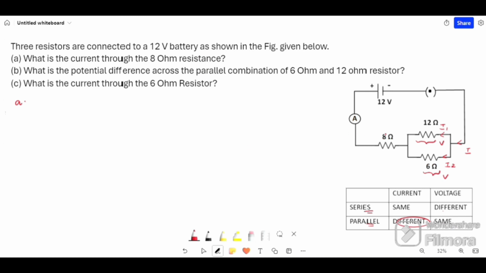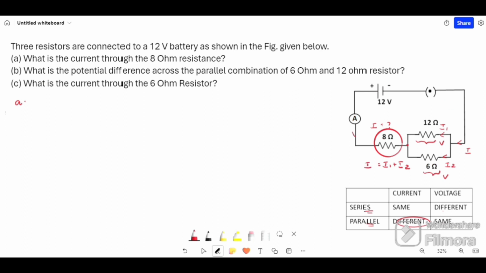For question A, what is the current through 8 ohm resistance? To find current through 8 ohm resistor, let us consider that total current I will be flowing in the circuit. At this point it will get split into I1 and I2 and at this point it will combine. That is, the current I1 plus I2 will be flowing in 8 ohm resistor, that is nothing but the total current I, if current flows in this direction.